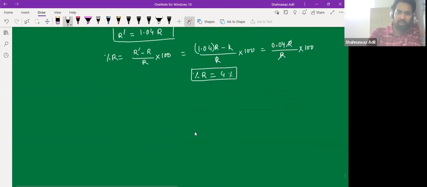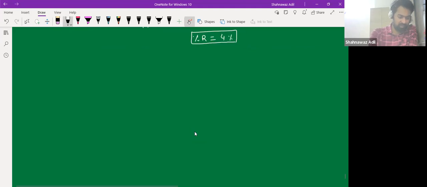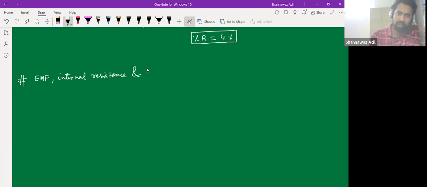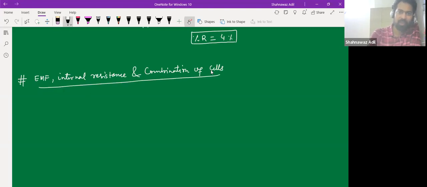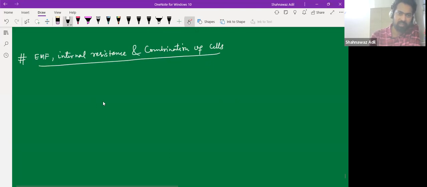Okay, so now the resistance part is over. Now we have EMF, internal resistance, and a combination of cells. So what is this EMF?